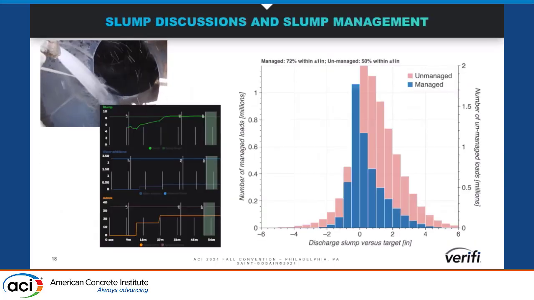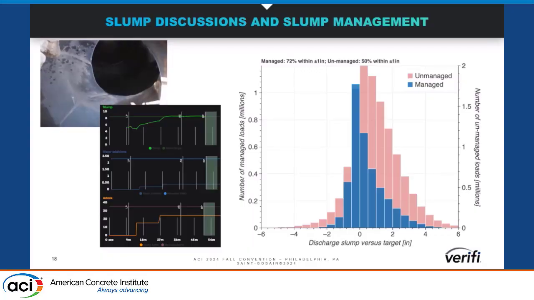The next part here is, as I mentioned before, you can instruct the truck to add fluids, water, admixture. You can add it up to a certain amount. So obviously, if it's water, you don't want to go above the design water-cement ratio. And so this gets tracked, documented. All of this is available for the producer and the contractor. So basically, a closed-loop feedback system.